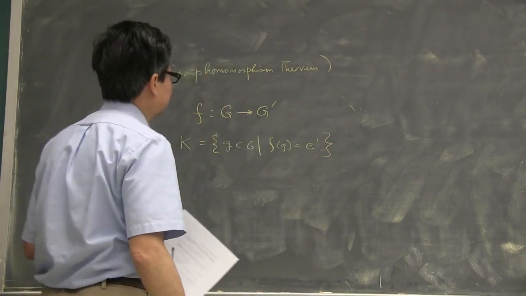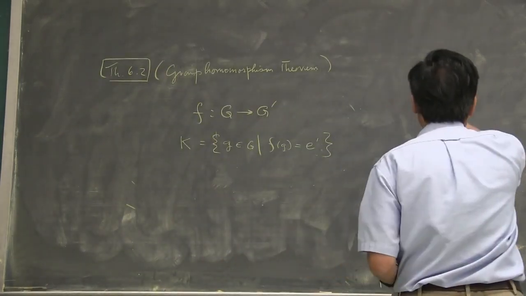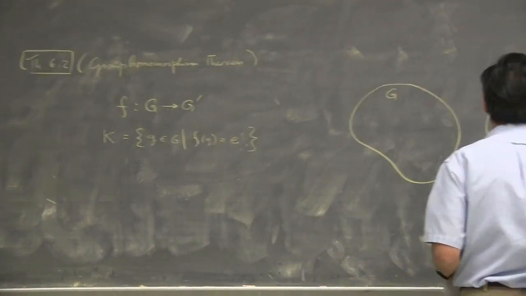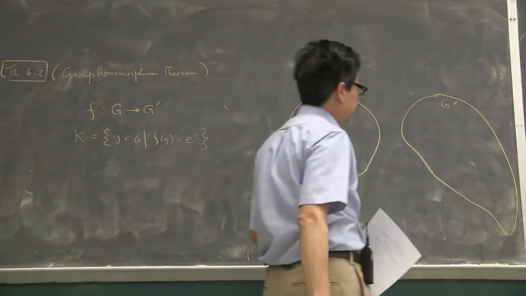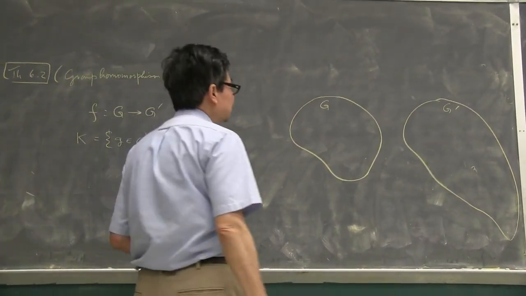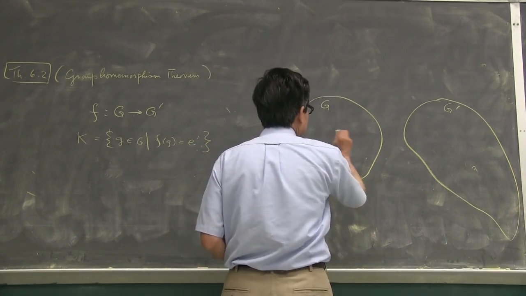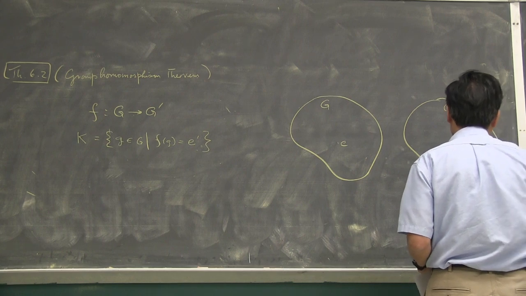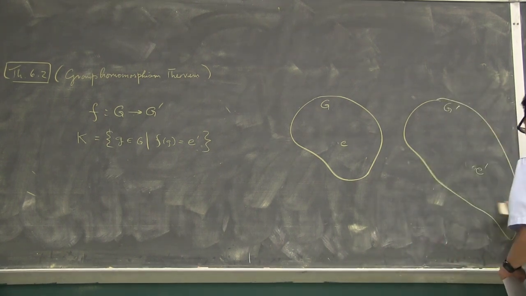Okay, let me draw you a picture. So you have a group G, you have a group G prime. These are different groups, so the identities are different things. Okay, so the identity in G we call E, and the identity in G prime we call E prime.